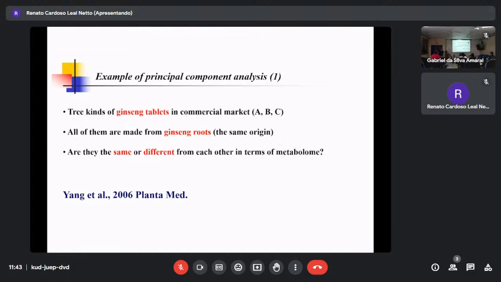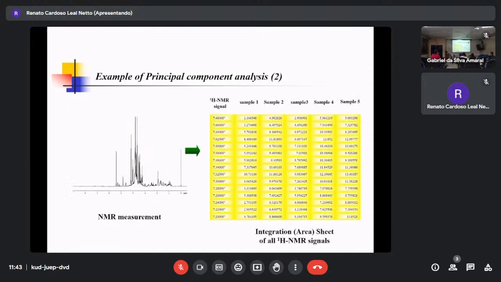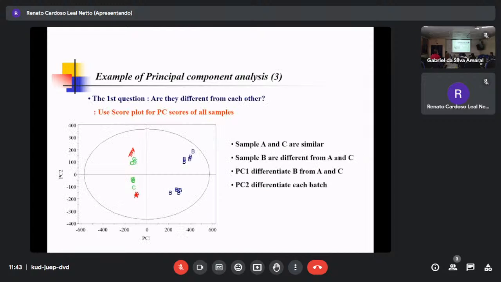I'm interested because they said it's 16-year-old Korean ginseng. But I'm interested whether this one is really the same or not. If it's the same Korean ginseng, it should be the same, right? I did it here. I measured NMR like this, and then I made a data file. I did A, B, C.